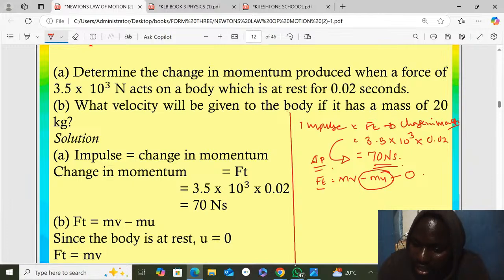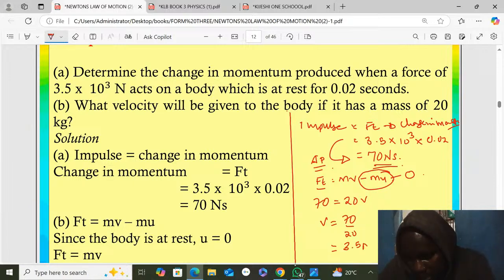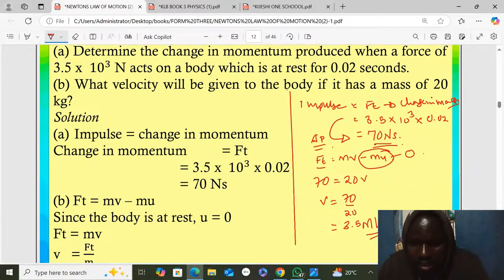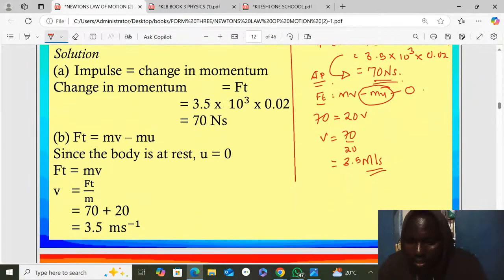Therefore, Ft, which is 70 newton seconds, is equal to a mass of 20 kg times velocity v. So our v is 70 divided by 20, and we arrive at 3.5 meters per second.